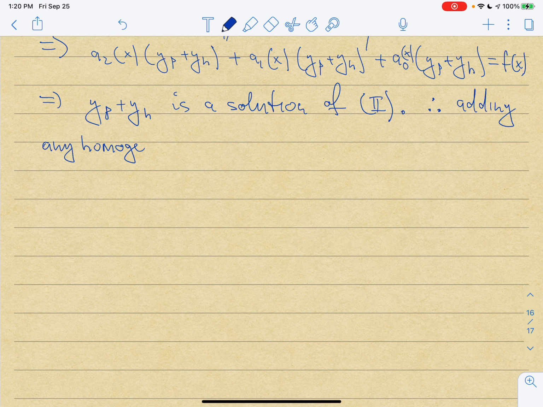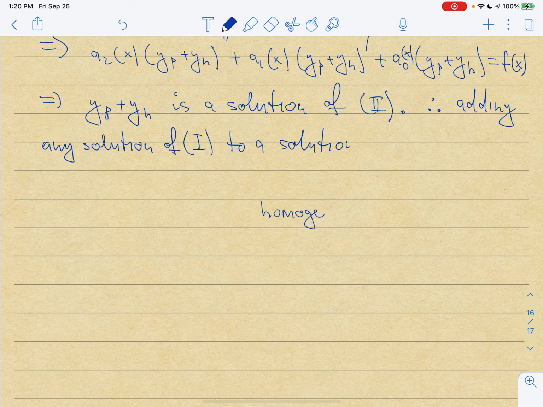Adding any solution of 1 to a solution of 2 produces a solution of 2.